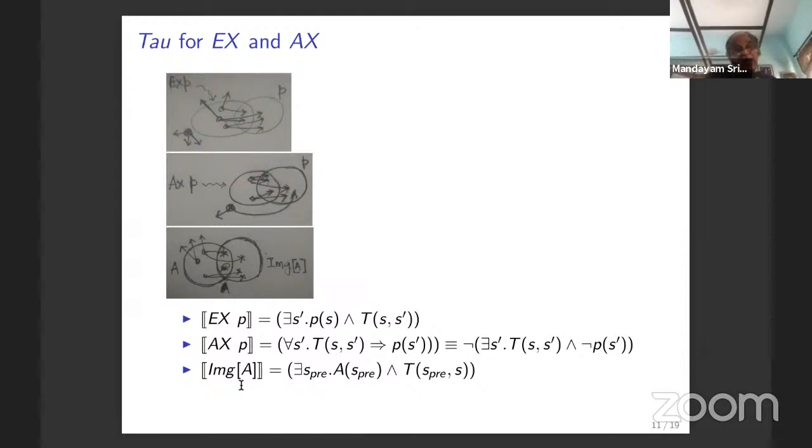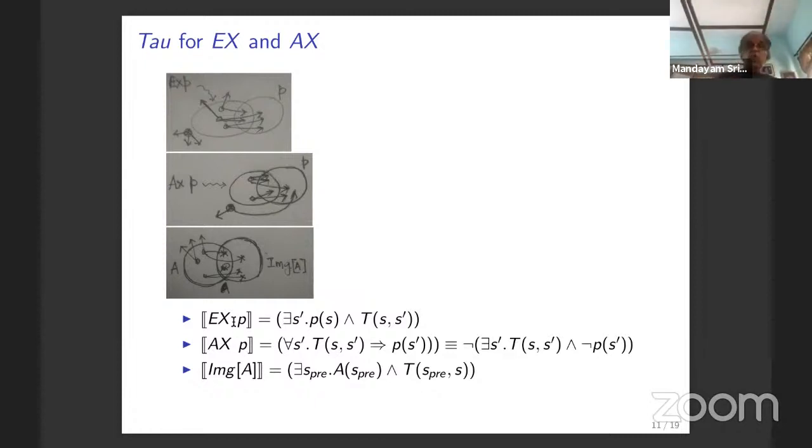The connection to BDDs becomes very clear when you see these as a way to implement these operations. Here I'm viewing each of them as a function which takes a propositional formula and returns another, actually a pair of formulas. For EX, it takes the propositional formula, the subformula P, and of course the meaning of EX is in terms of the transition relation.